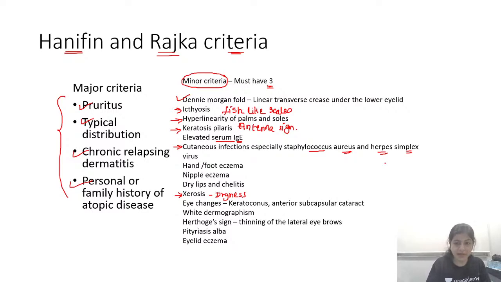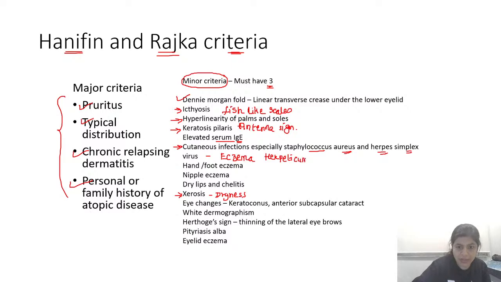Extensive disseminated herpes simplex occurring in the setting of atopic dermatitis is called eczema herpeticum.